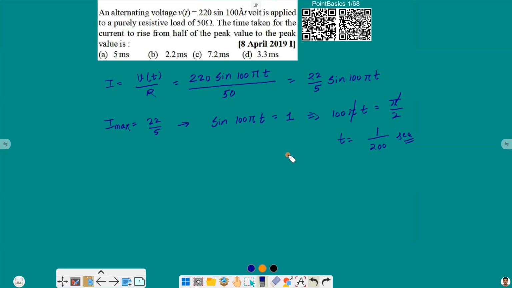So this is the value of the time when current is at its peak value. So at this time current will be at its peak value.